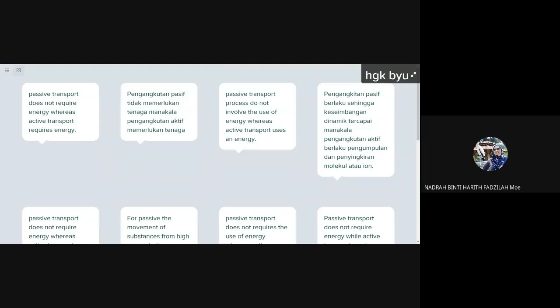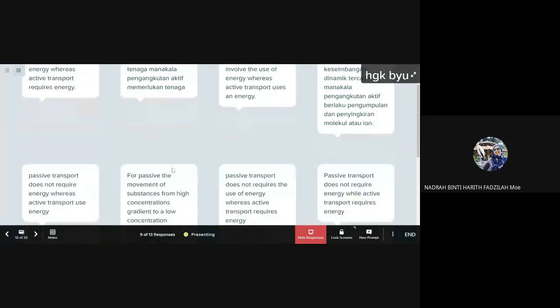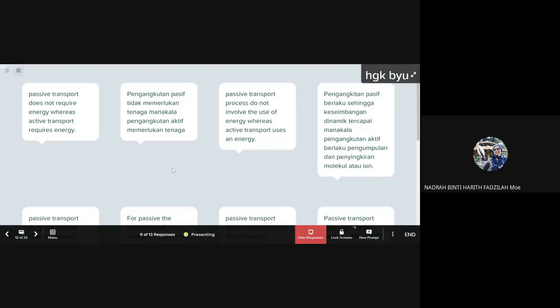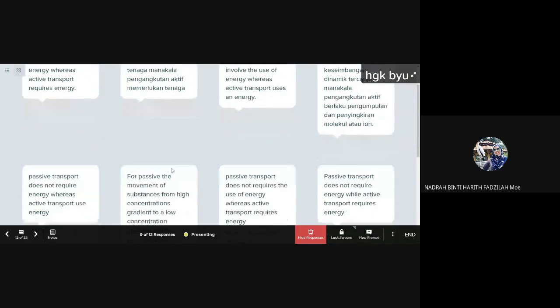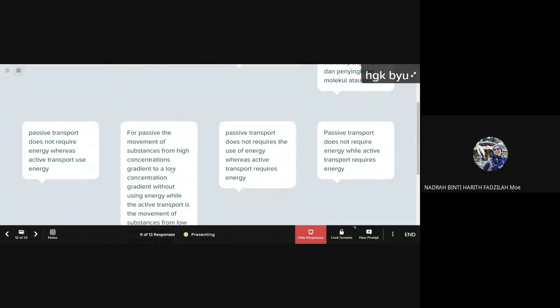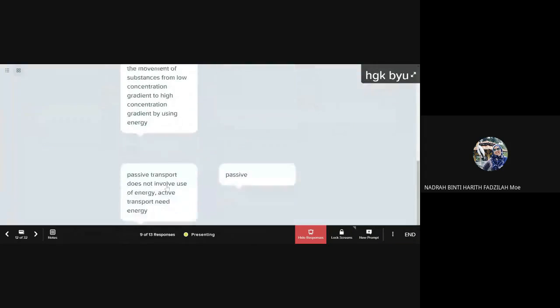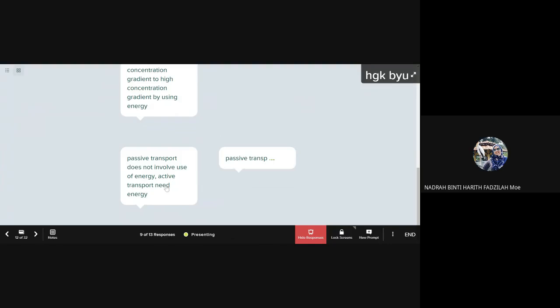Okay, so ada 4 difference kat sini. Nombor 1 penggunaan tenaga, nombor 2 concentration gradient, nombor 3 ialah sampai bila proses ni berlaku. Passive transport bukan berhenti, essentially sampai mencapai keseimbangan dinamik. Active transport berlaku secara berterusan.